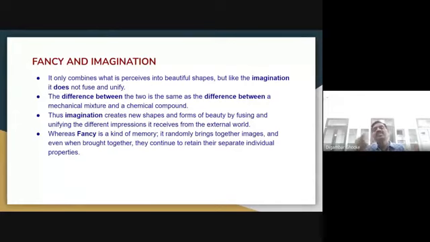A red rose and a beloved are two separate things. And we fail to understand what the poet is trying to say without using our poetic sensibility. And then we understand that the poet is comparing his beloved with the beauty of a red rose. So what is the common quality here? Beauty. So that is what imagination is.